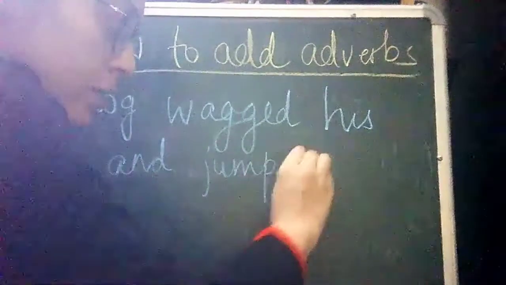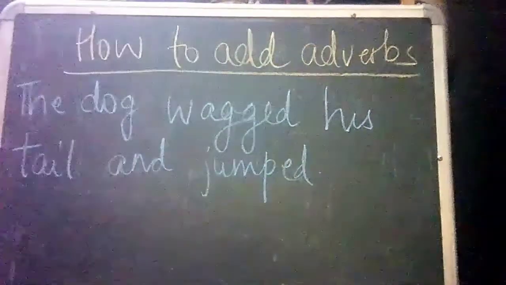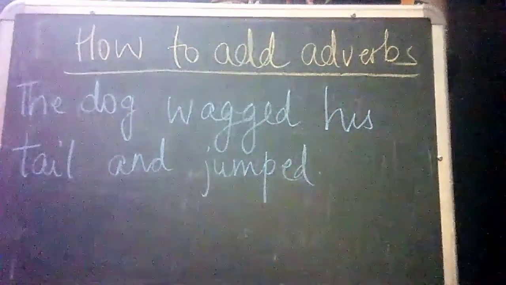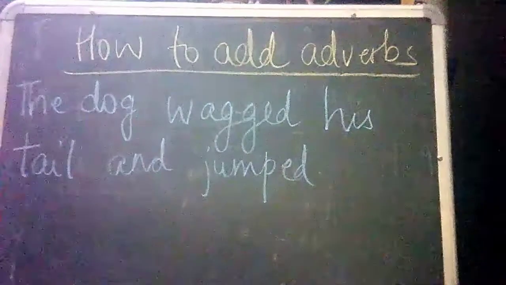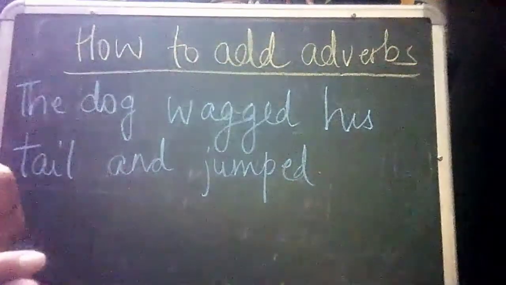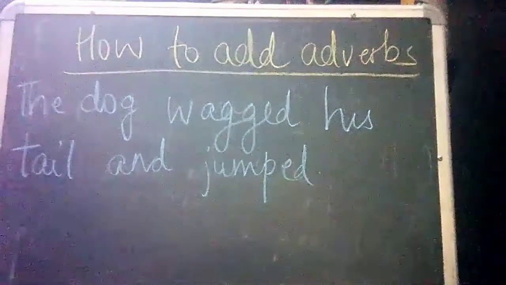Now, you need to remember that adverbs can be used either before the verbs or after the verbs. So first of all, let's identify the verbs here. The verbs used here are wagged and jumped.